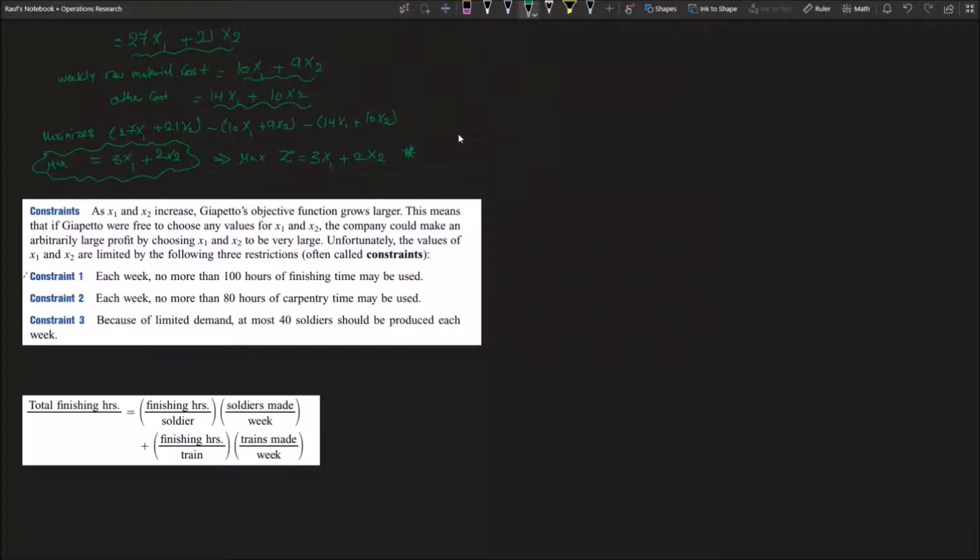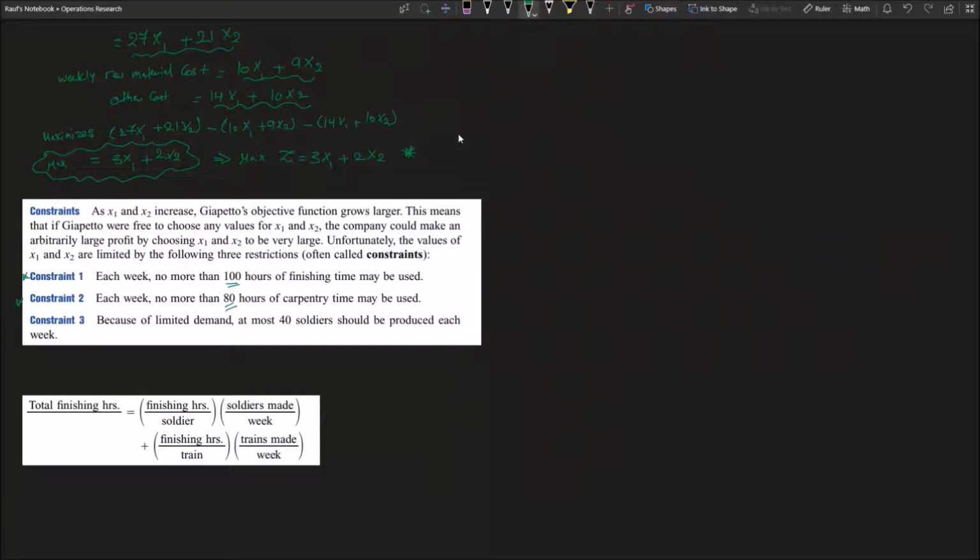as we can see here, each week the maximum number of hours of finishing available are 100 hours. For a lack of operators or for certain constraints about the real life situation of the factory, only 100 hours can be spent per week for finishing. And the constraint number 2, there's only 80 hours maximum of carpentry that can be used.